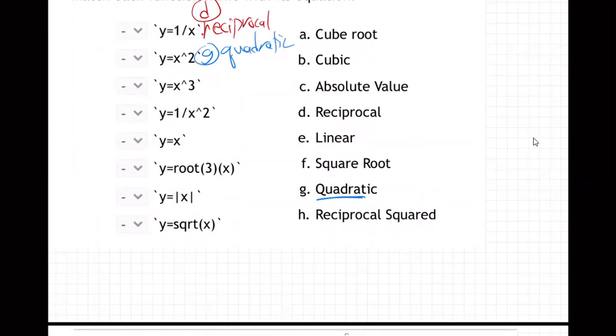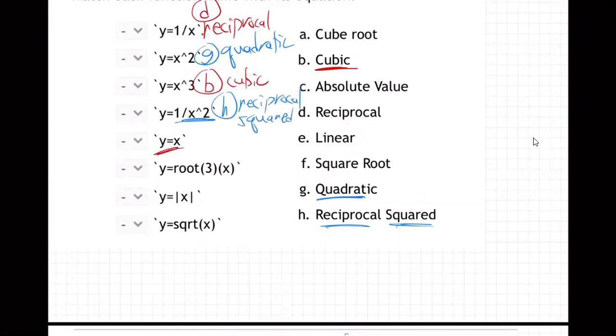And then x cubed, you probably get that one, that's the cubic. And then 1 over x squared, that's reciprocal squared, because it's flipped over, it's reciprocal, and it's second power squared.